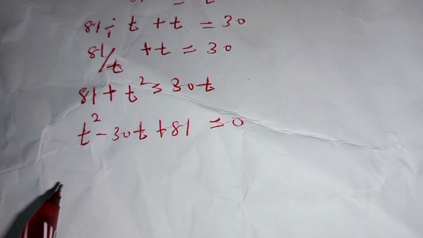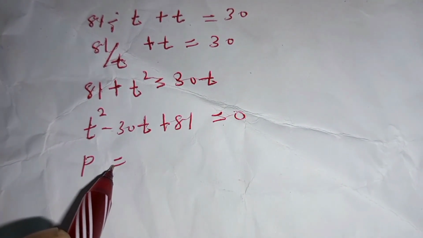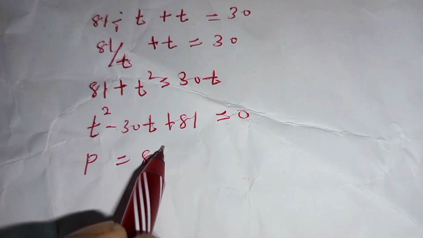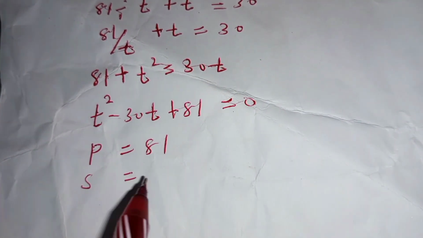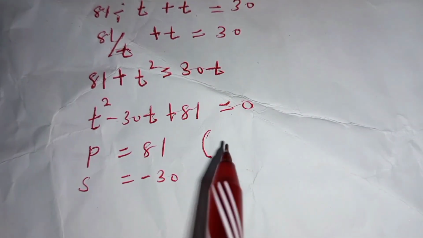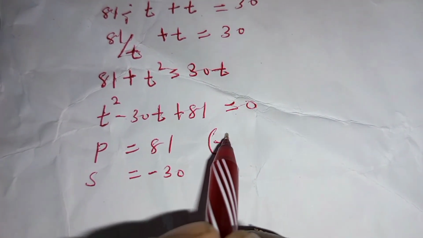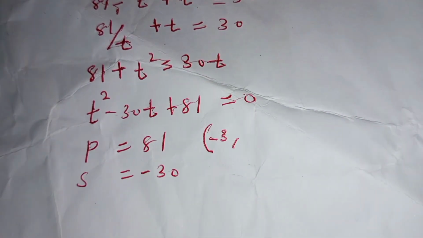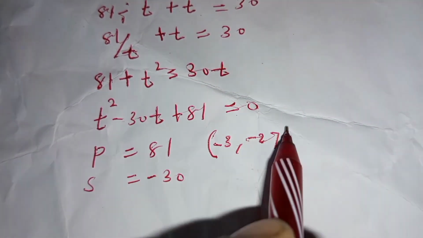And now we have a quadratic equation whereby our product is equivalent to 81 and our sum is equivalent to negative that. We find the two factors which when you multiply will give you 81, and these factors are negative 3 and negative 27.